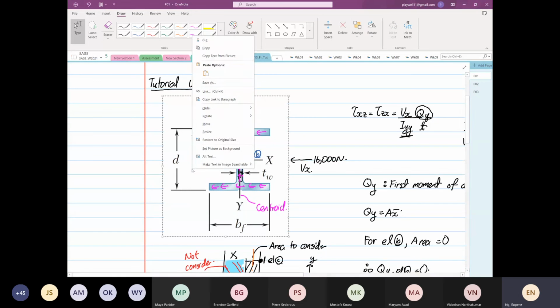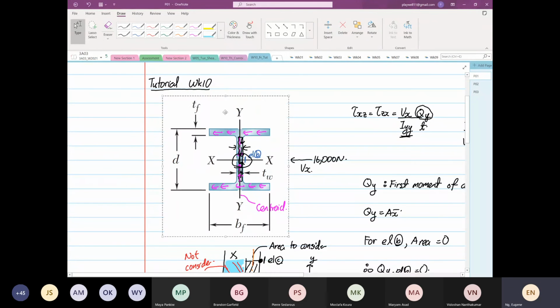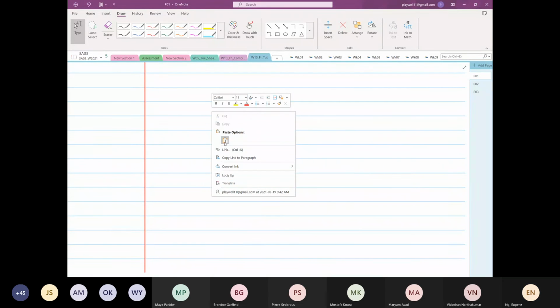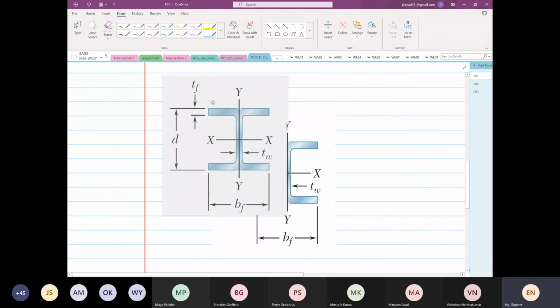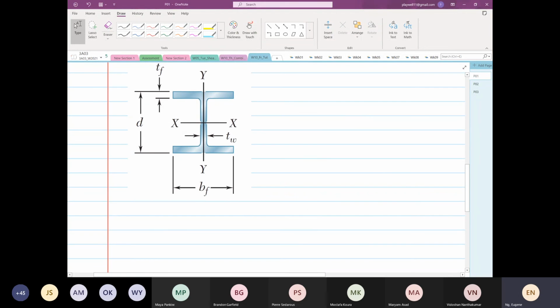Now the next thing to consider is the other flow path. So the next one, same diagram. Now we are going to consider Vy.